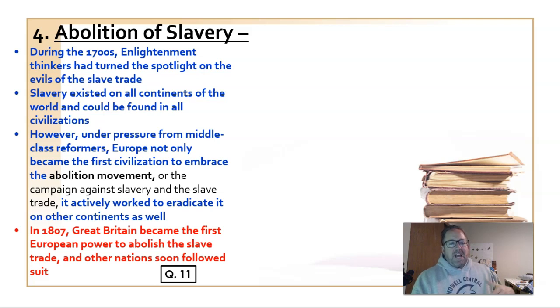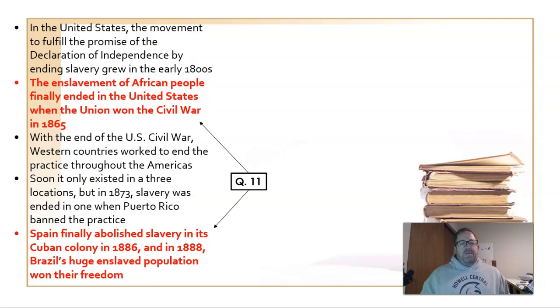So it's not until the 1830s that Great Britain bans slavery altogether, and then there's the liberation of those slaves in those colonial islands. But Great Britain is the first to do that, and then other European countries follow suit.